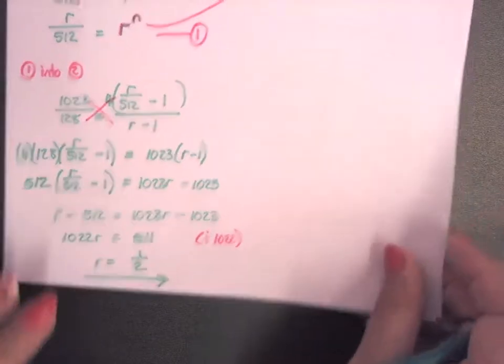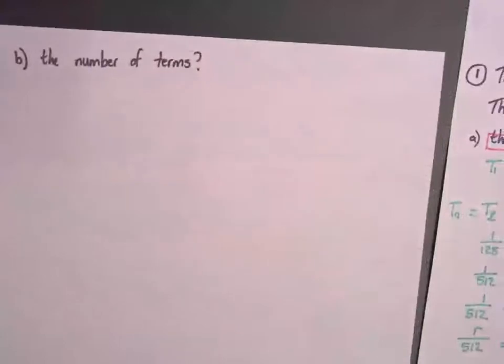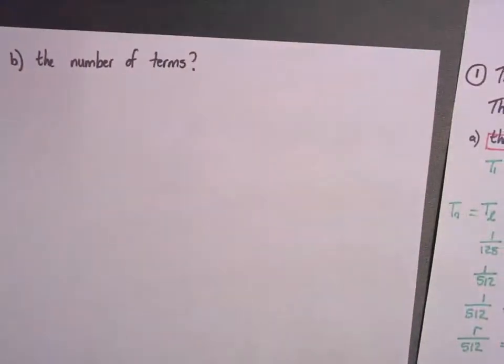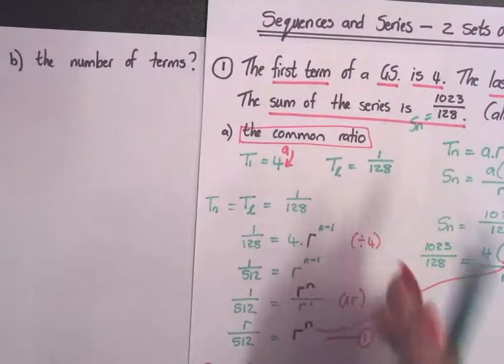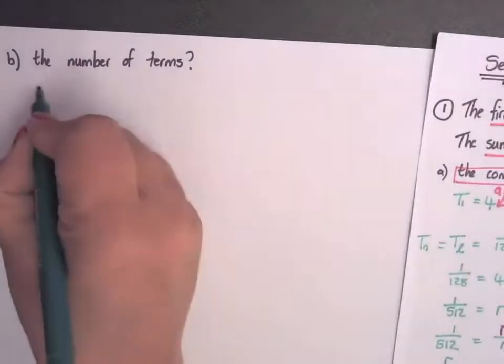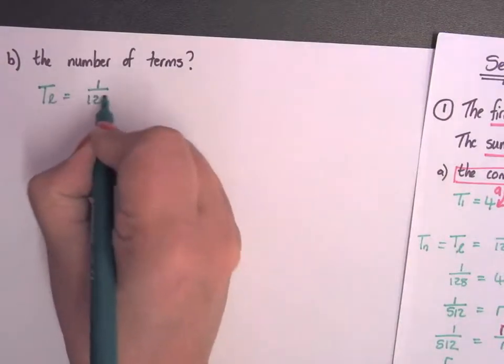The follow-up question, they want the number of terms. So I'm going to use this clue again of the last term equals 1 over 128.